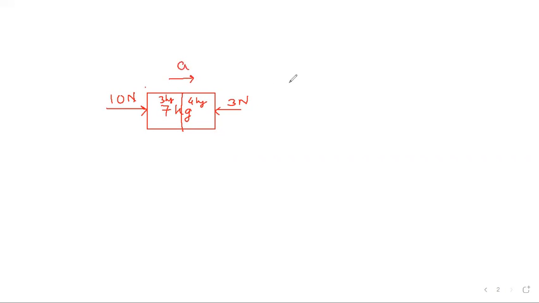So by Newton's second law, F net is equal to mass into acceleration, so acceleration is equal to net force upon mass. The net force is 10 minus 3. Net force would be in this direction, 10 newtons minus 3 newtons, and acceleration would be in the same direction as the force.